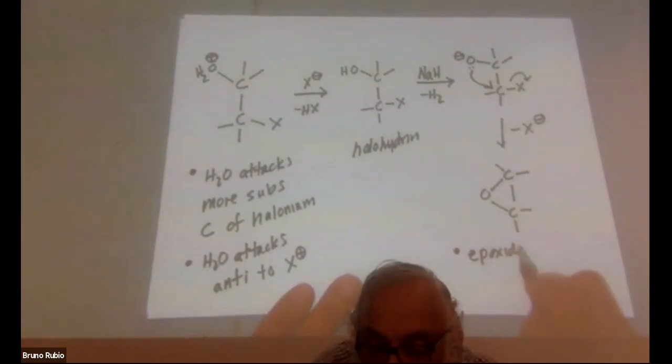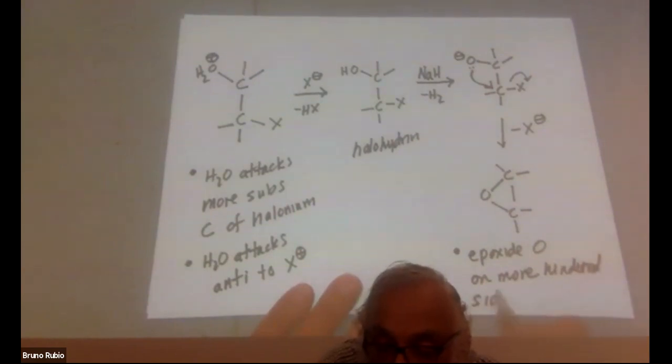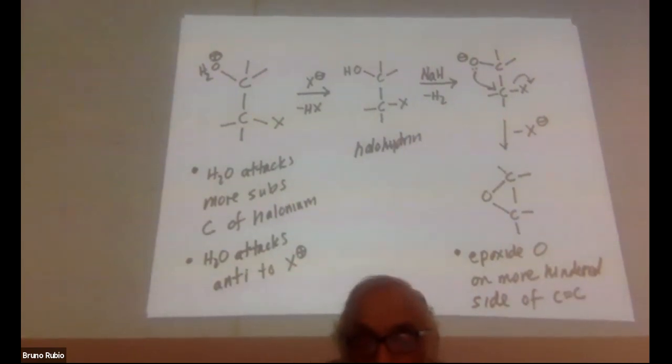Epoxide oxygen on the more hindered side of the original alkene. So that's why we need both of these reactions. That's why we can't just get by with the Prilejaev reaction, because we want control of whether to put that epoxide oxygen on the more hindered side or on the less hindered side.